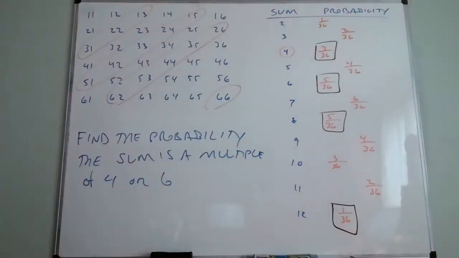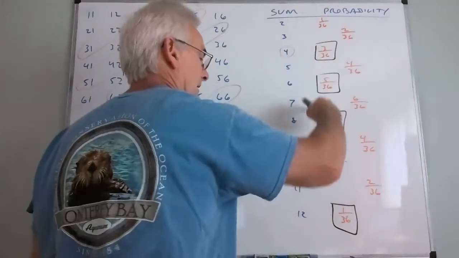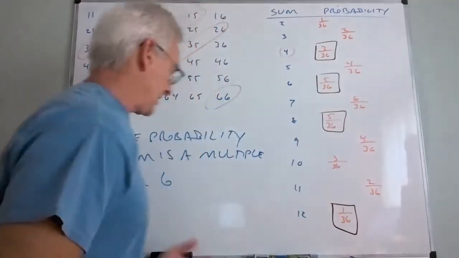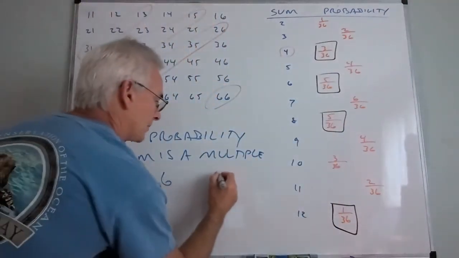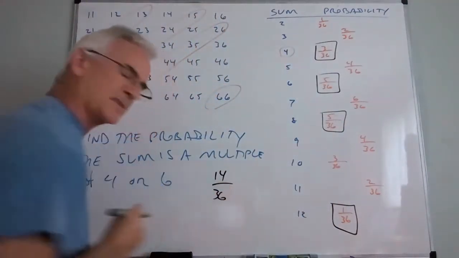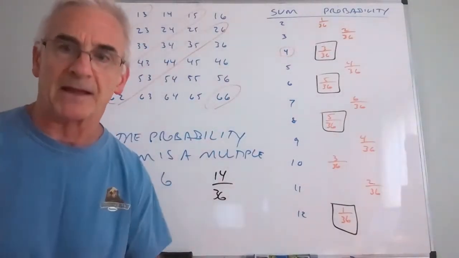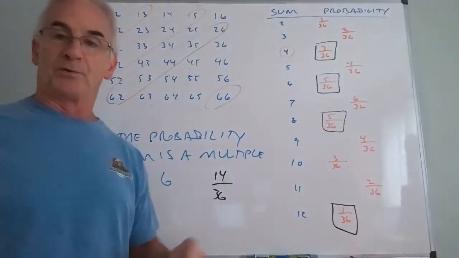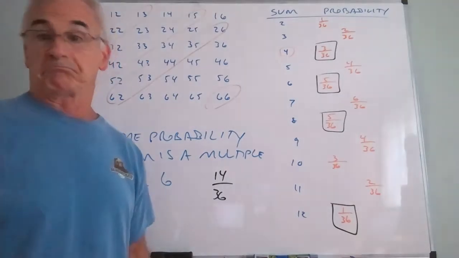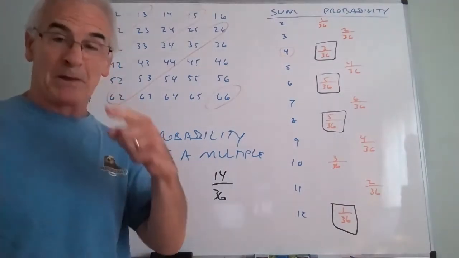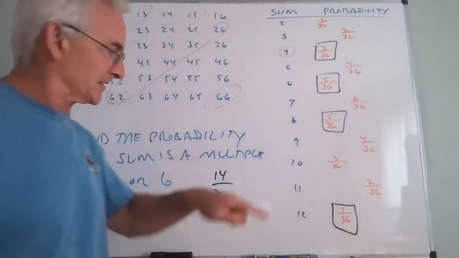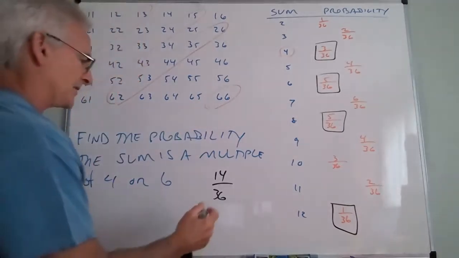Clearly there's 14 outcomes. 3, 5, 5, 1. Okay, so do we all agree the probability is 14 over 36? Everybody okay with that? I'm rolling the dice. What's the probability my outcome is either a multiple of 4 or a multiple of 6? Okay, it's an or. I mean, I can't be a multiple of 4 and be a multiple of 6 unless it's that one. So this is the answer.